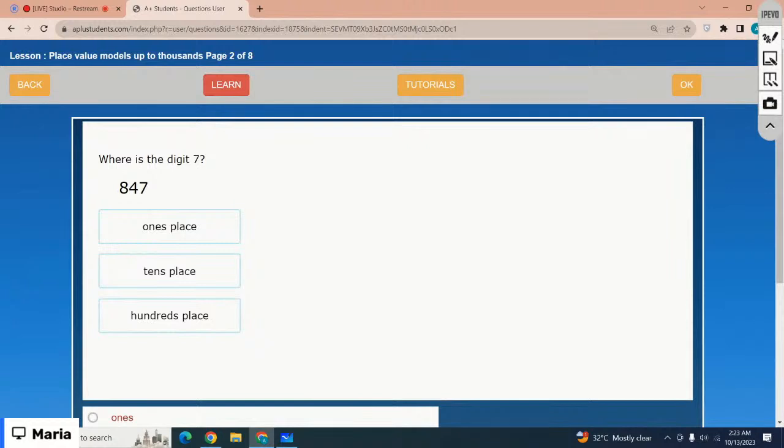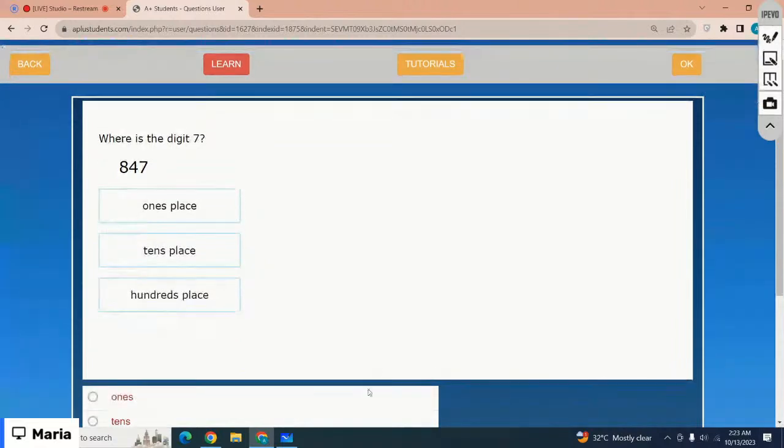And the rightmost digit is always at the ones place. Very good. Option number 1 is the correct option.